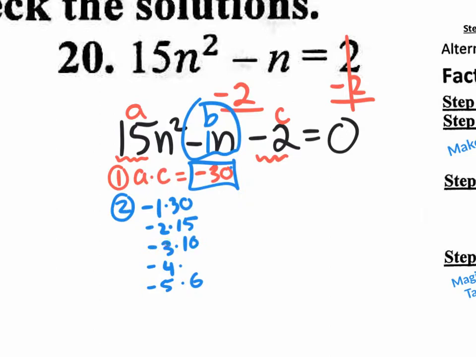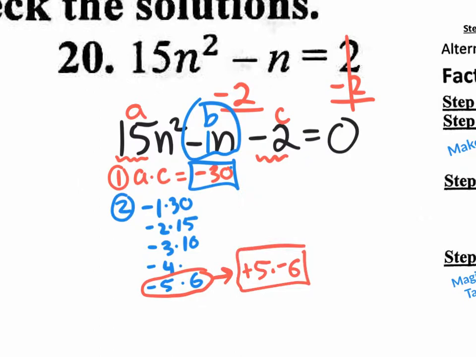I get 7. That's not -1. So which pair of numbers works? -5 and 6. If I add -5 plus 6, I get a +1, and I know that I need a -1. So I have the right numbers, I just have the wrong signs. So let's switch them to a +5 times a -6. That's the right pair of numbers from step 2.